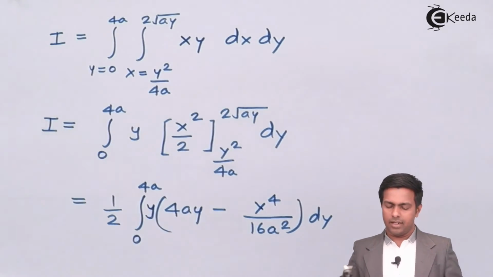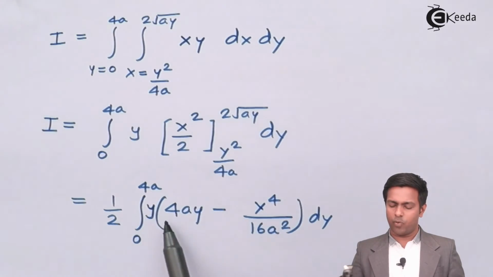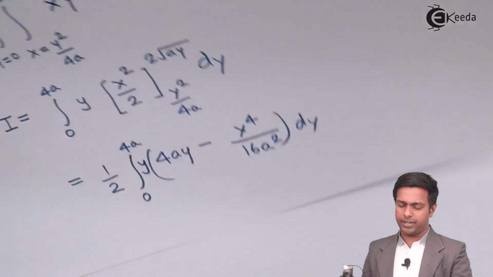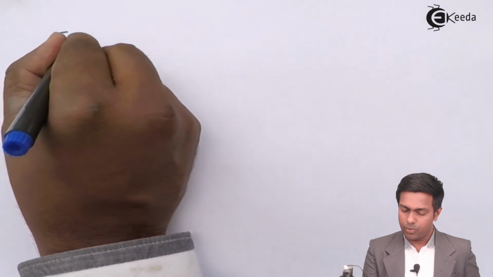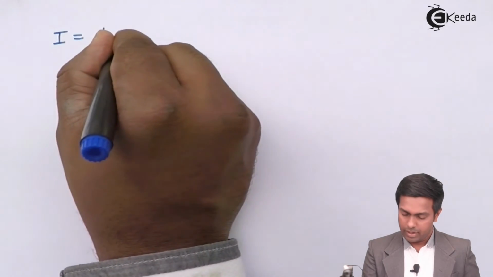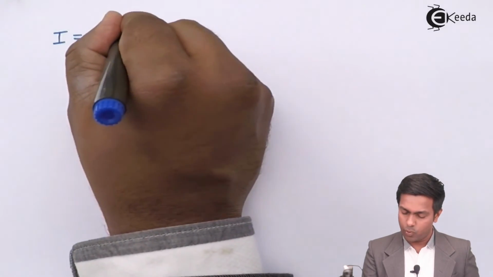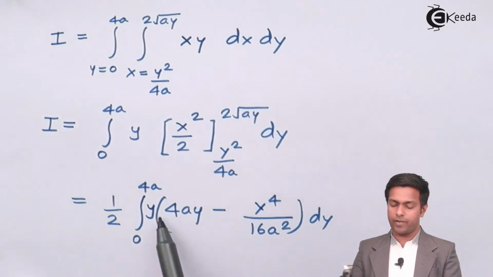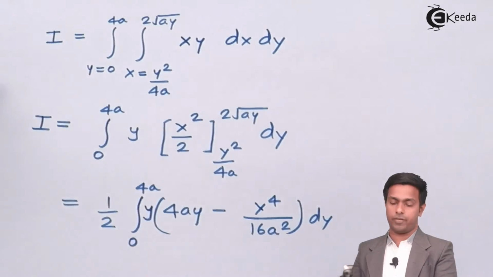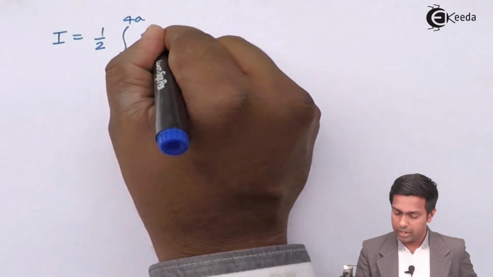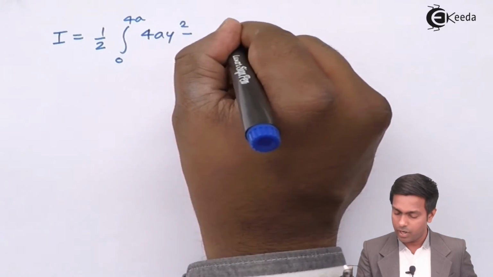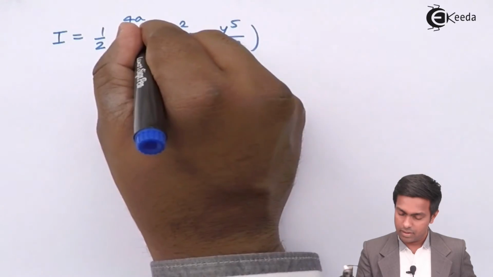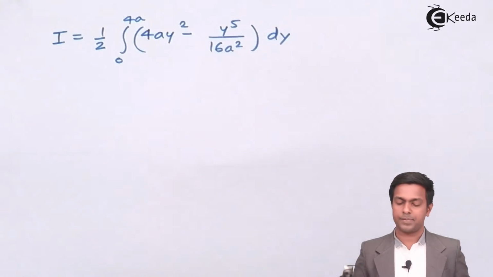Now guys, let's multiply this value with y and then integrate with respect to y. So here we'll get I equal to 1 by 2 integration 0 to 4a. When this y multiplies 4ay, we'll get 4a y square, and here we'll get y to the power 5. So 4ay square minus y to the power 5 upon 16a square, into dy.